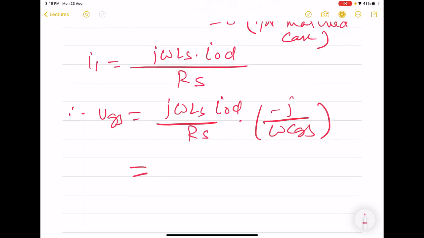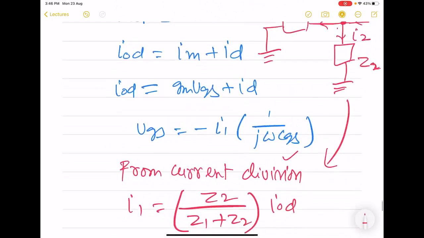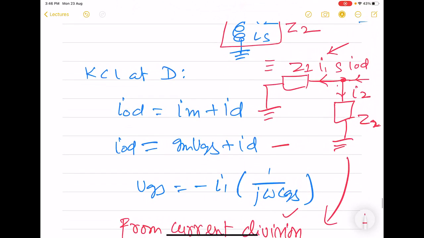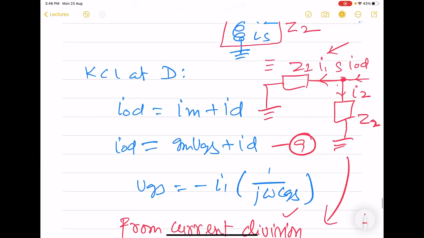So this is VGS, and this you can now simplify. Omega and omega will cancel out. So what we will have is Ls by RS CGS into IOD. So this is VGS. Now we can finally substitute this VGS in equation 9 to obtain IOD.